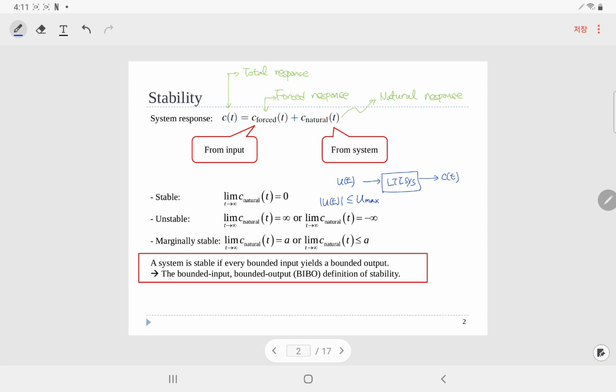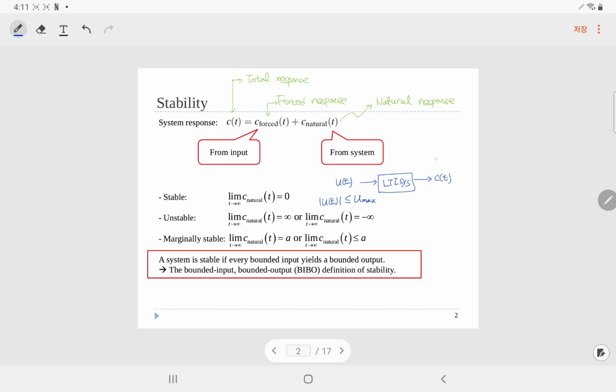We also consider the bounded output here. The bounded output means the maximum value of c of t is less than a certain value, here denoted c max. So in this case, if we apply the bounded input to the target system, then we measure the total output, and we find that such total output is bounded by a certain value.